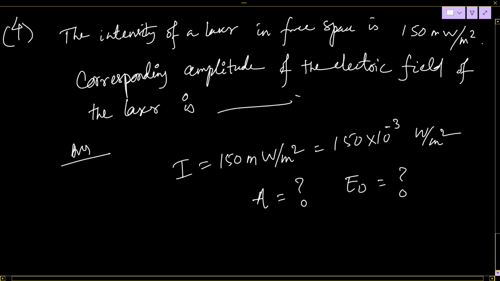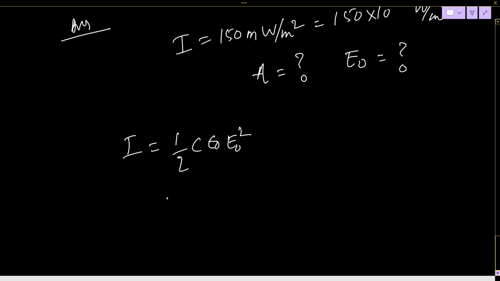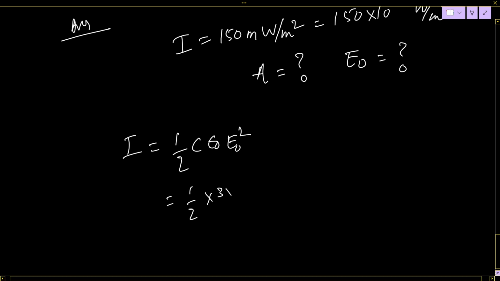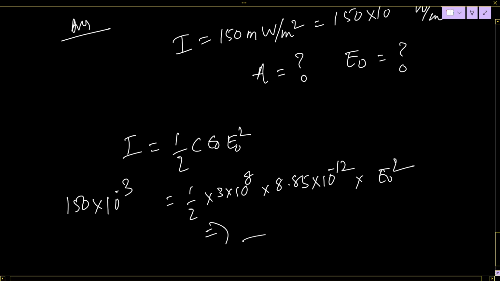What is it? So I is equal to what? Half c epsilon naught E naught square. So half into 3 into 10 to the power 8 into 8.85 into 10 to the minus 12 into E naught square. Here E naught is asked, I is given as 150 into 10 to the power minus 3. That's it. This is what we have to solve.